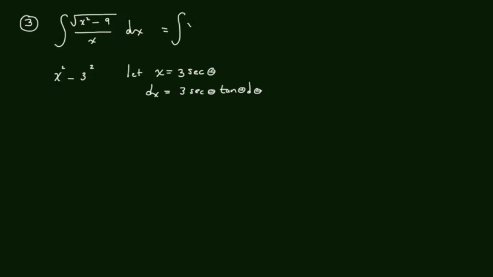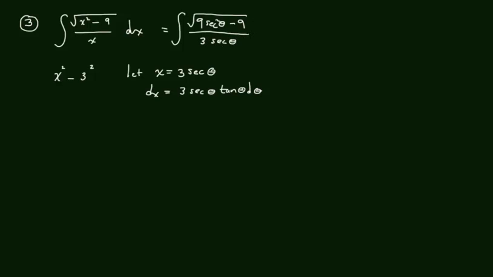Alright, so in the numerator, I have, instead, 9 secant squared theta minus 9. There we go. And then the denominator, I have 3 secant theta.